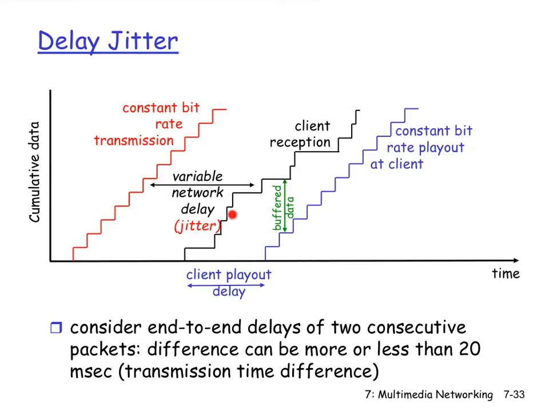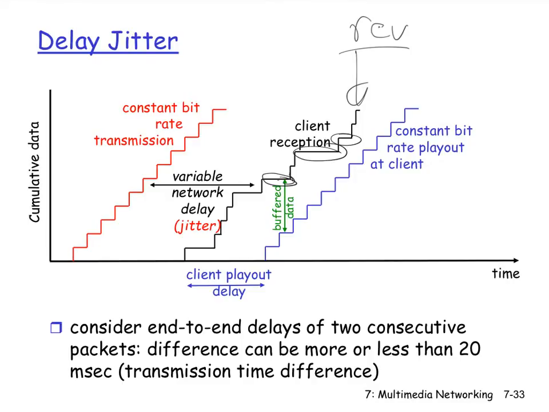Of course, by the time it arrives at the receiver, it will arrive not necessarily in the same way, which means that some packets may have different delay, more or less than the other. So at any point in time, this is the jitter. This is the difference between two consecutive packets throughout the entire session.